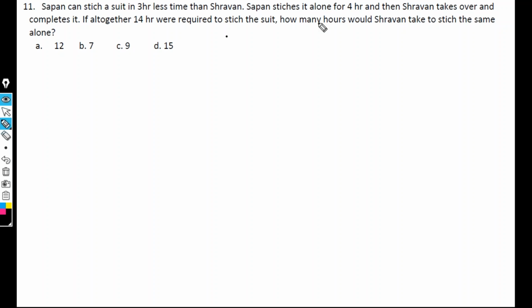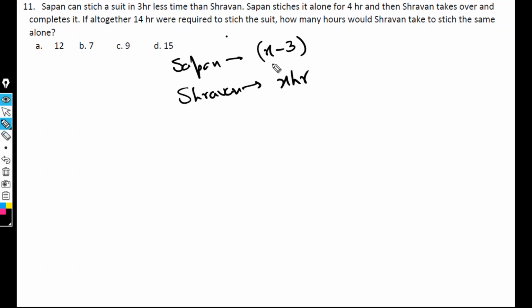Okay, guys, let's discuss. Here he says, Sapan can stitch a suit in 3 hours less time than Shravan. So let's say Shravan takes X hours to stitch the suit. So time taken by Sapan to stitch the suit is X minus 3 hours.